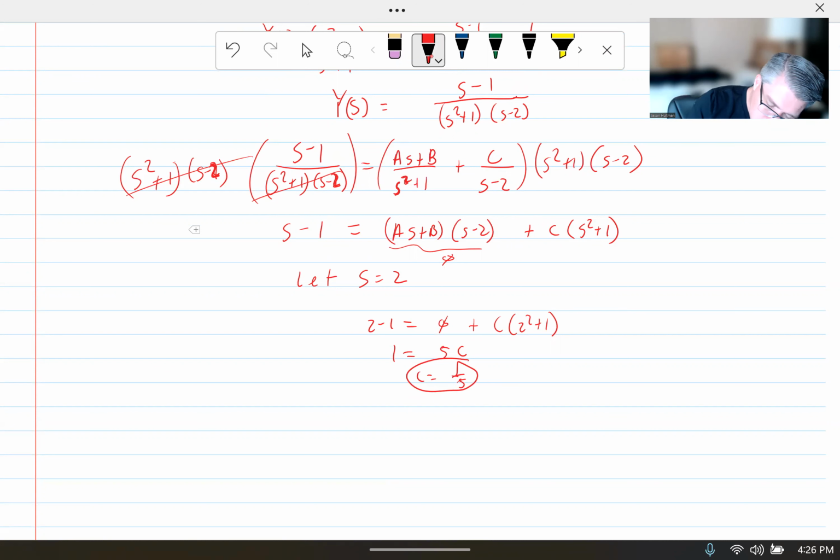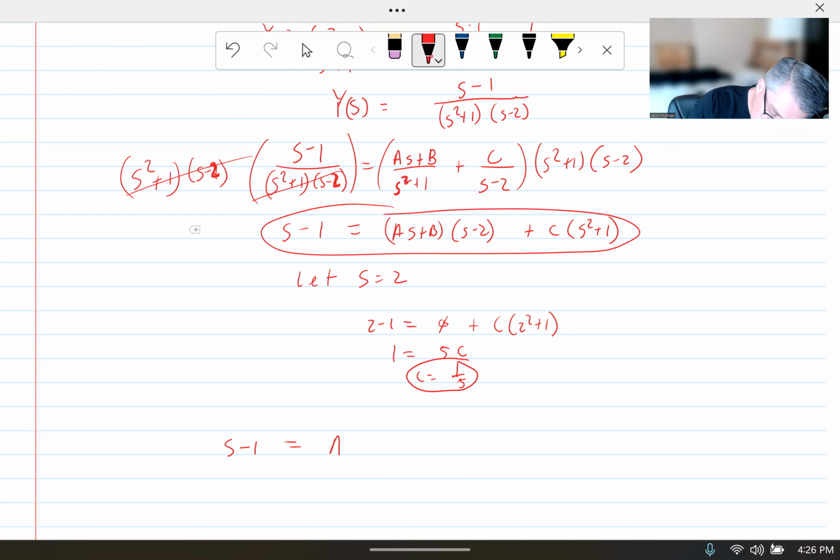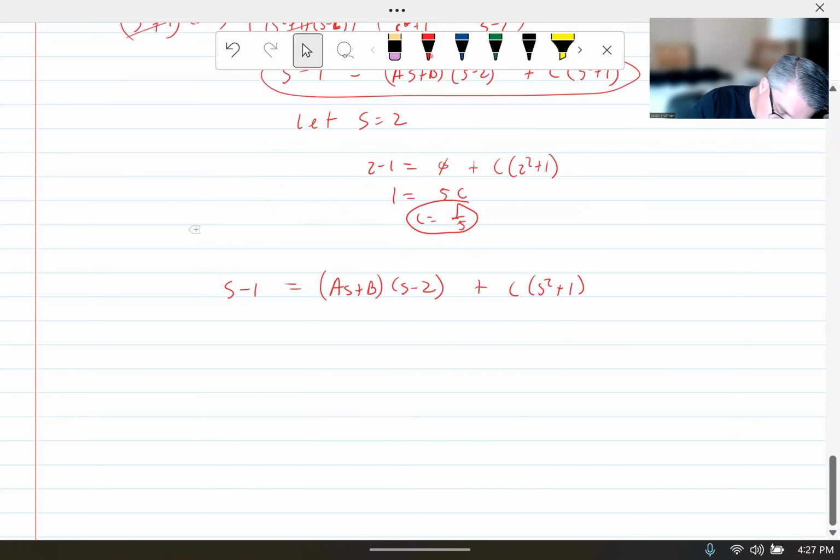But let's go back to this equation. This guy here. I have s minus 1 is equal to As plus B times s minus 2 plus C times s squared plus 1. I'm going to multiply this out. I'm also going to write the left side as 0 s squared plus 1s minus 1.